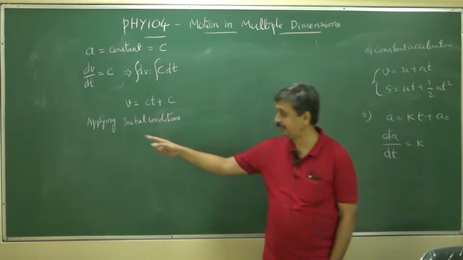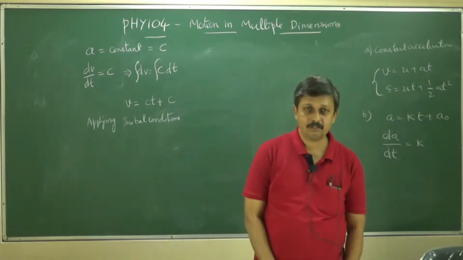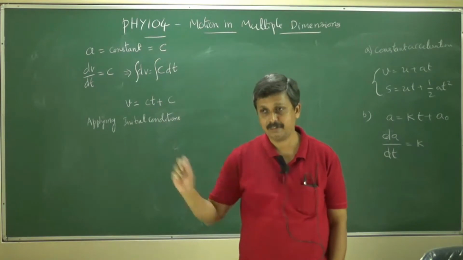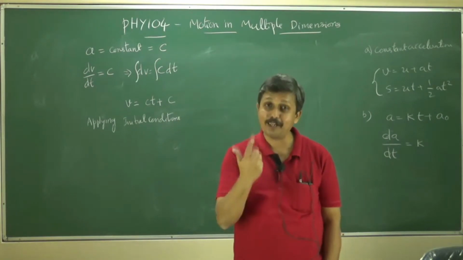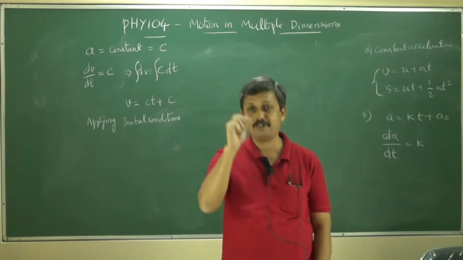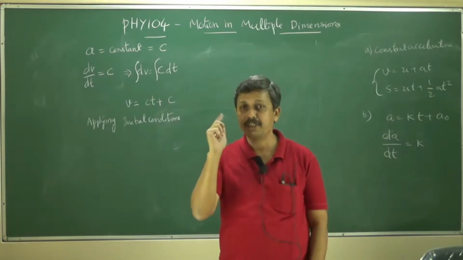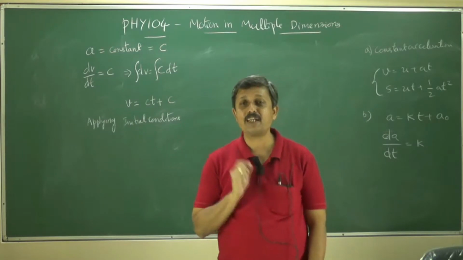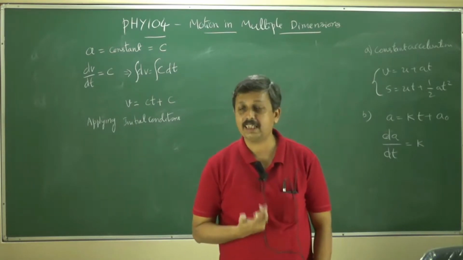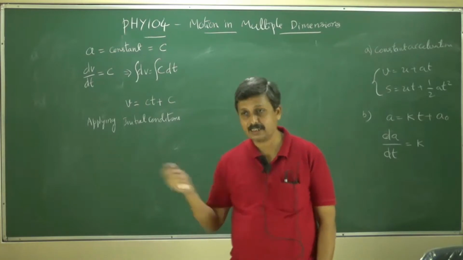Practice writing this line. Take a copybook and write applying initial condition, applying initial condition. Otherwise you will not do it. I have seen people forgetting to apply initial conditions in exams even after BSc, MSc, BE, everywhere. And the whole problem lies inside that. So please practice this.